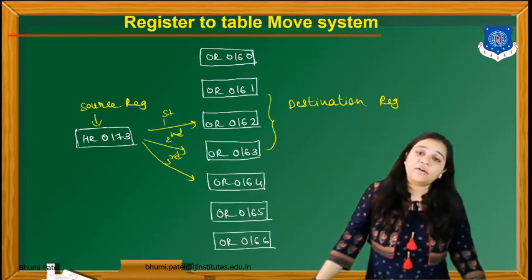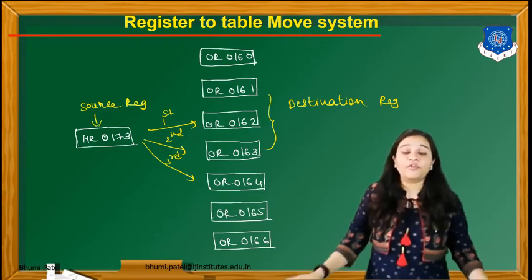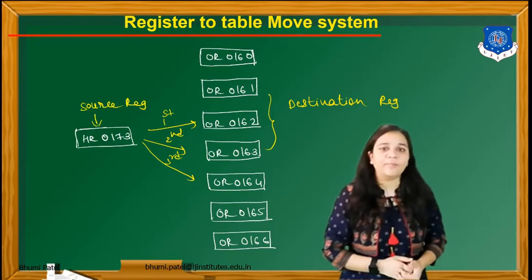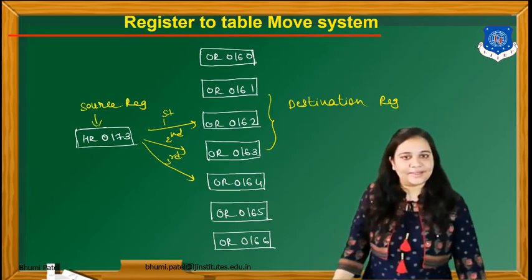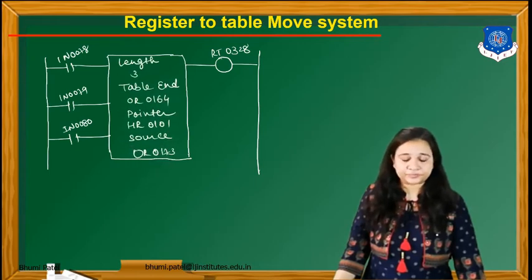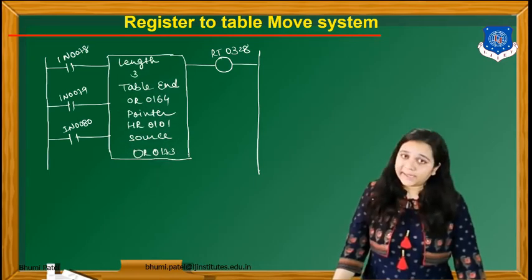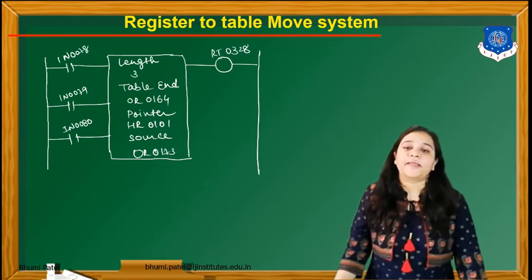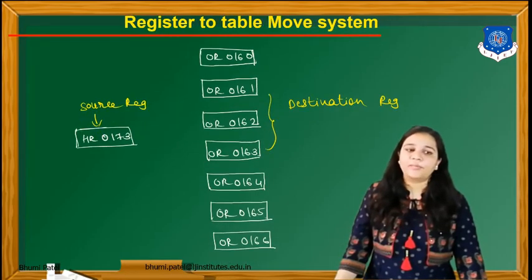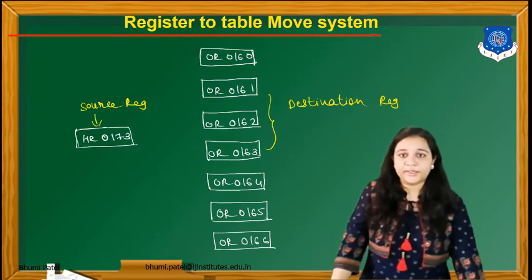So we have sent the data from one source register to a number of tables, which become our destination addresses. First you write the table length, then the table end, then the pointer and the source. This is all about the register to table move system. Clear?